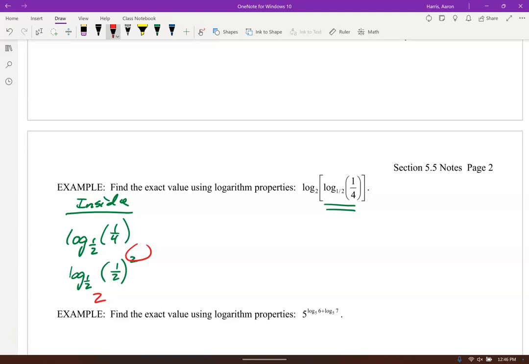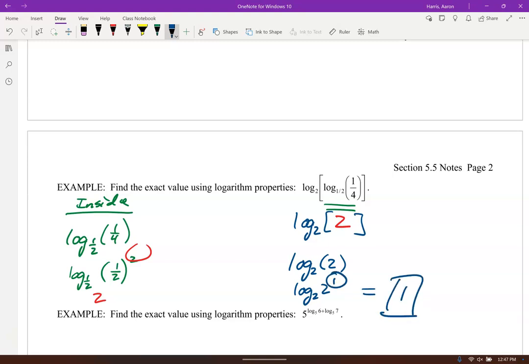They'll undo each other, right? They're inverses again. So what I have is 2 for that. So now what we're solving is log base 2 of 2. Well, what's log base 2 of 2? Let me write it this way. Log base 2 of 2 to the 1 is just 1.